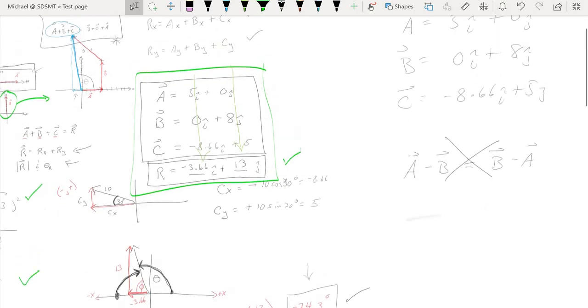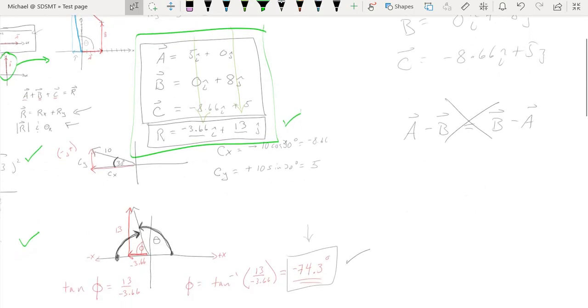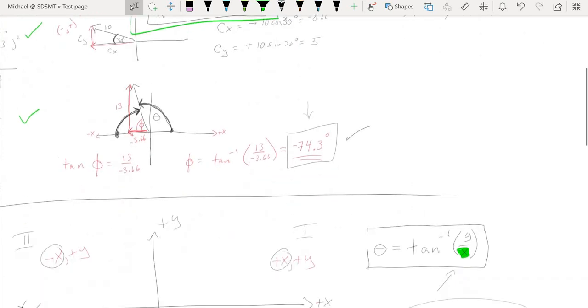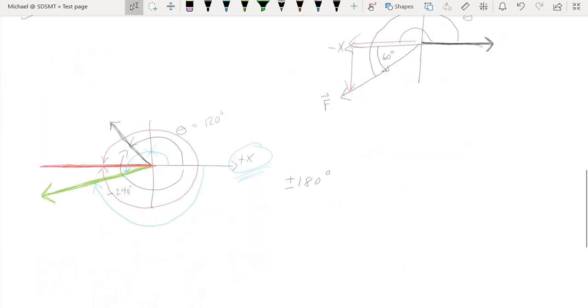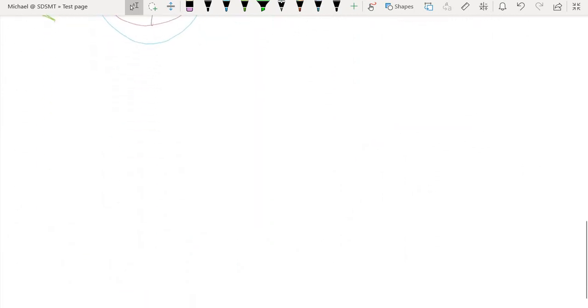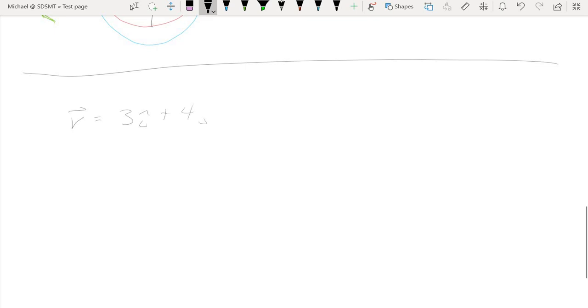Well, before we jump into the vector subtraction, let's talk a little bit about multiplication of vectors. Specifically, I want to take, let's call this vector V, which has components 3 and 4.